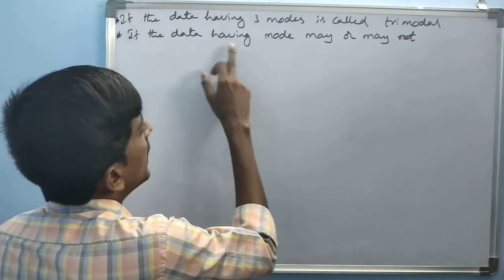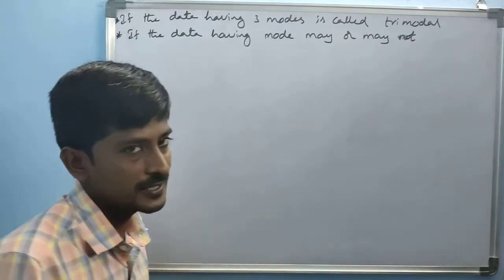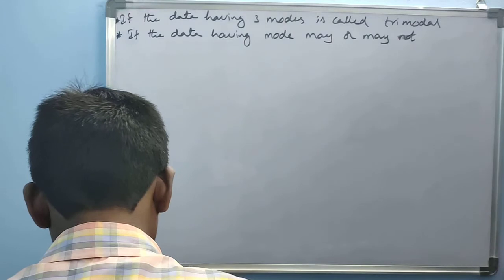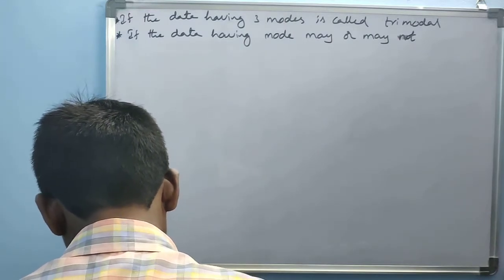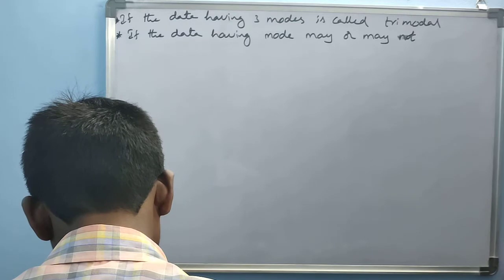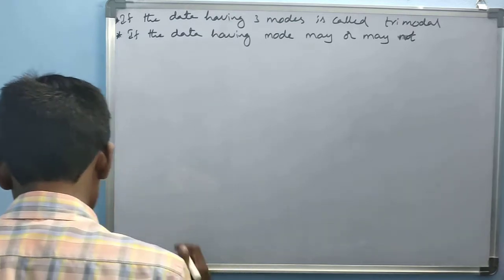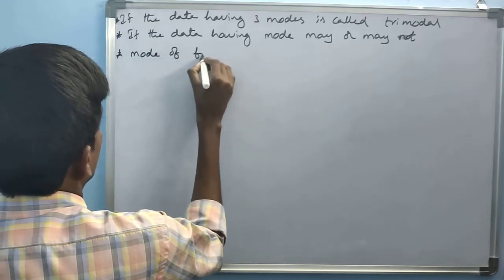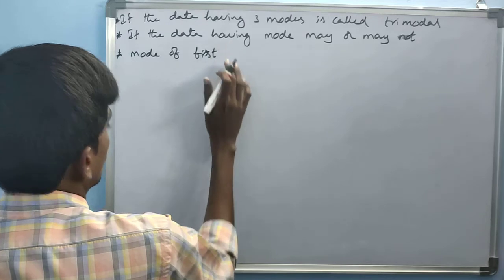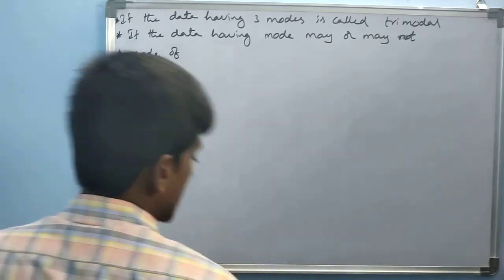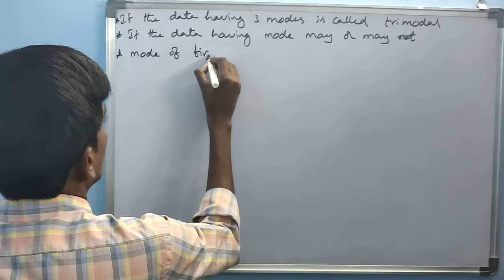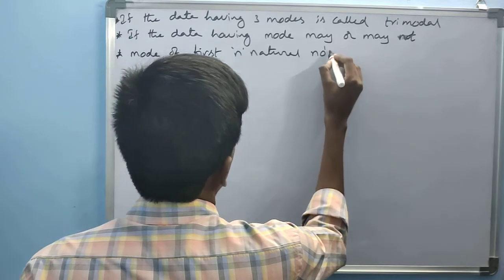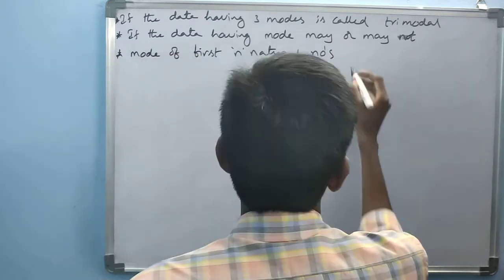So data may or may not have a mode. The mode of the first n natural numbers does not exist.